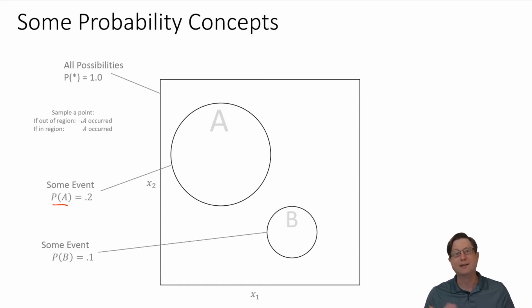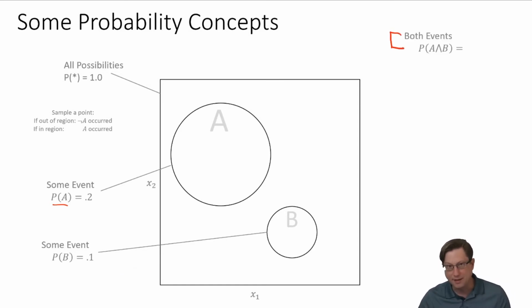Because you can have a second event, and here we'd say the probability of B is 0.1 or 10%. Now, B and A are drawn in this space in a way that allows us to see how they relate to each other. So you could ask questions like, what's the probability of A and B occurring? So what does that mean?